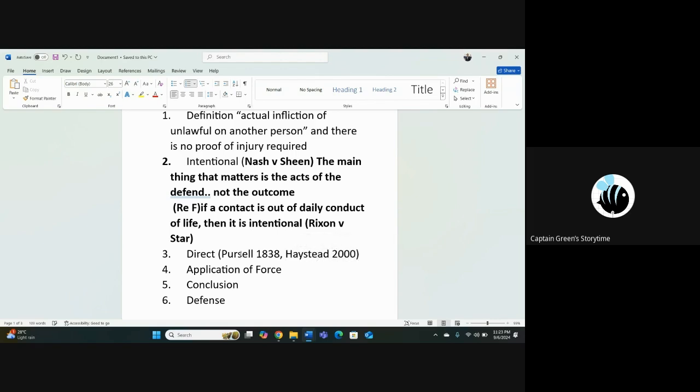The ratio of both these cases was the same. Both these cases clearly stated that indirect contact can fulfill the requirement of direct contact. As I gave an example of that woman holding a baby and a man wanted to attack that woman. However, the baby got injured. Would person A be liable for the injuries of the baby?